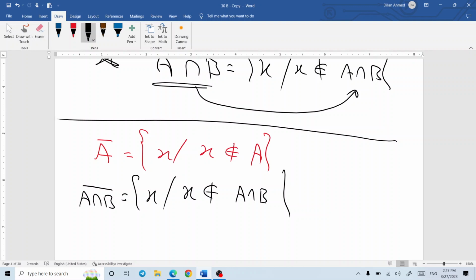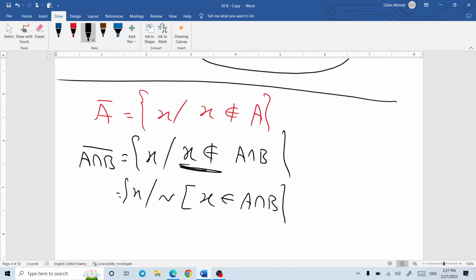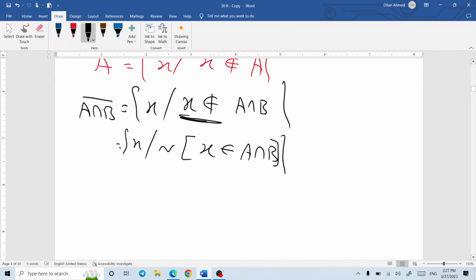Clear? Good. Now, if I take the complements, I want to change that onto the positive part. So I say x belongs to, am I right? x does not belong, x belongs. Okay. Now, a small box. Now I say elements. Forget about that one, later I'm going to make it, okay?